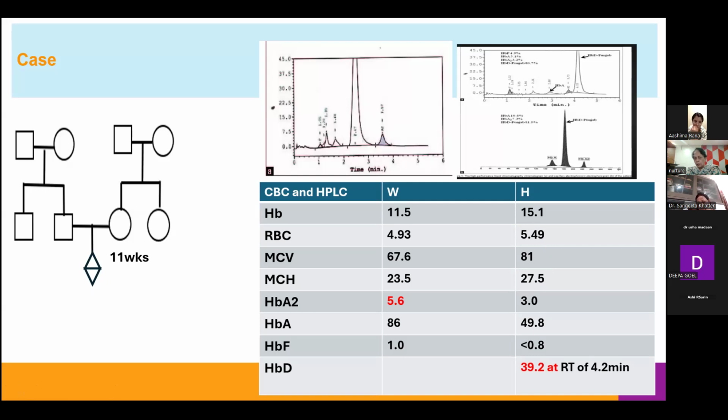There are a lot of such reports of inconsequential variants. Not only D is common here on our side, there are many other variants also. There are so many variants: D Iran, D Punjab, HbE heterozygous, D Lepore. A long lecture is required for that.